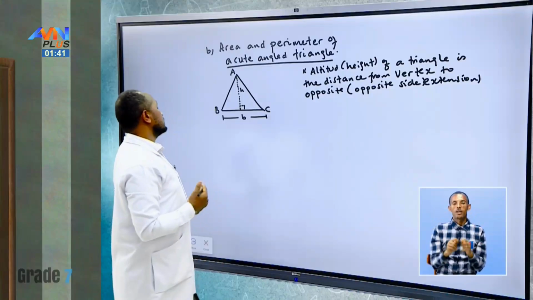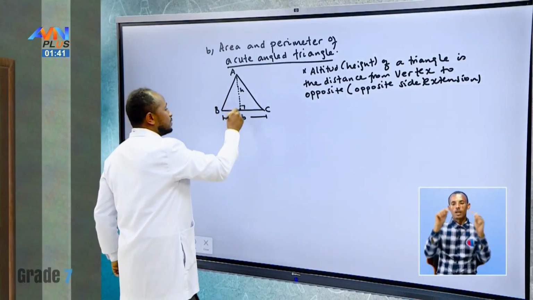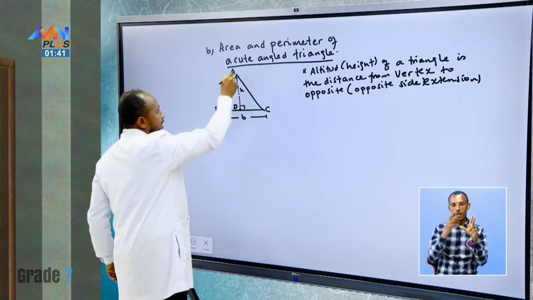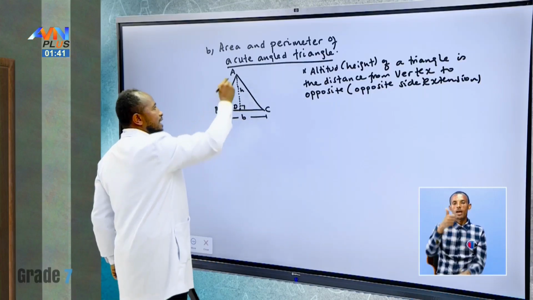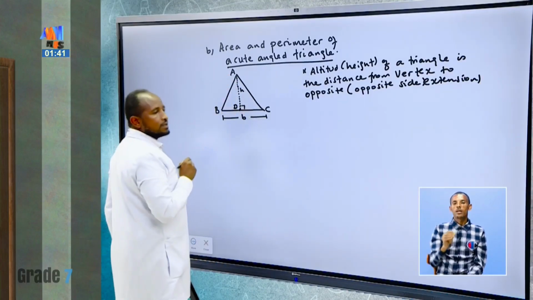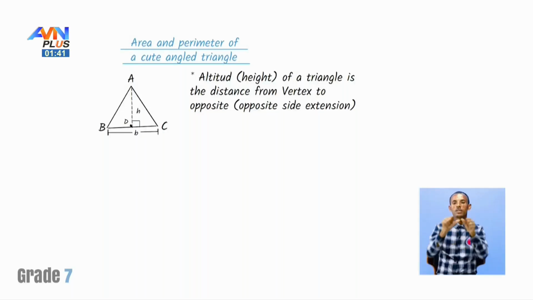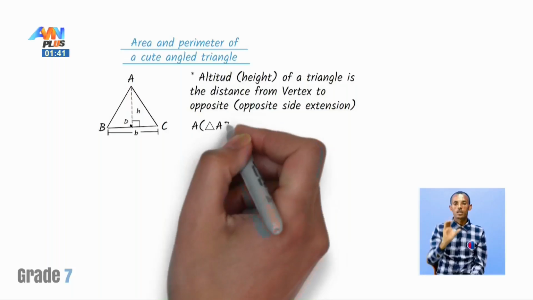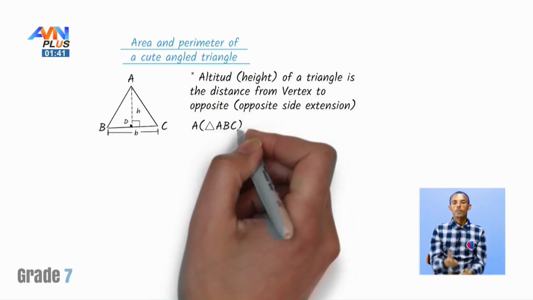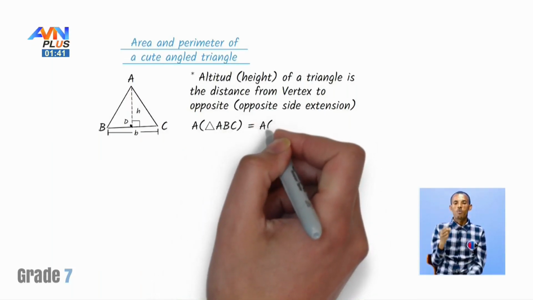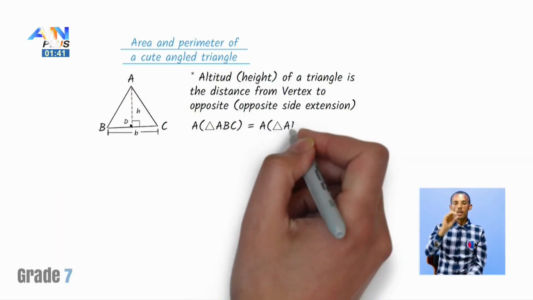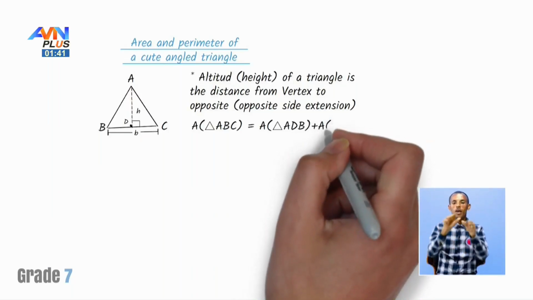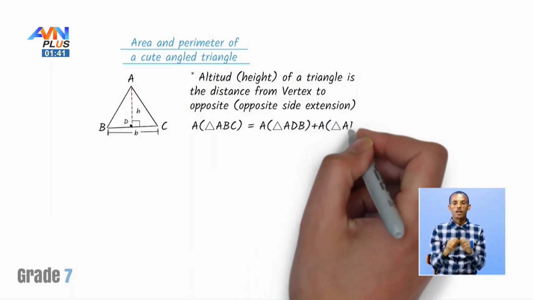To calculate the area of this triangle, look at this one, assume this point to be D. You have two right angle triangles, ADB and triangle ADC. So here the area of triangle ABC will be equal to the sum of the area of triangle ADB plus the area of triangle ADC.